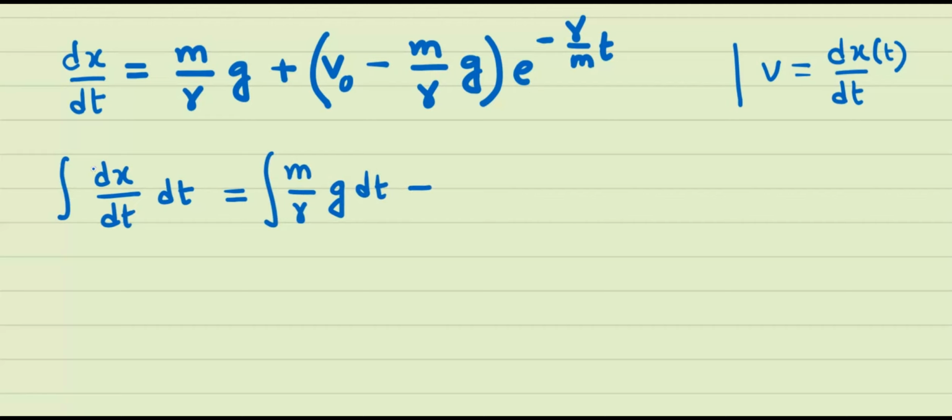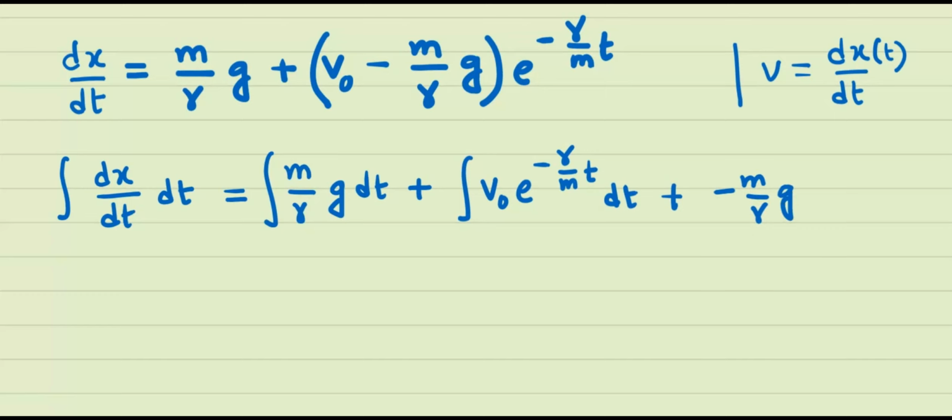Well, anti-differentiation, but I'll continue to refer to it as integration if that's not a big problem. And so here we have integration over v naught e to the power negative gamma divided by m times t dt, and then of course negative m divided by gamma g e to the power negative gamma divided by m t dt, and integration as well.